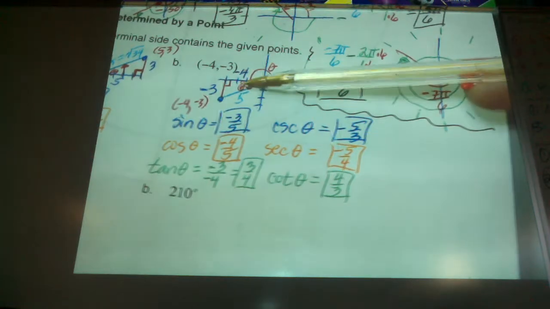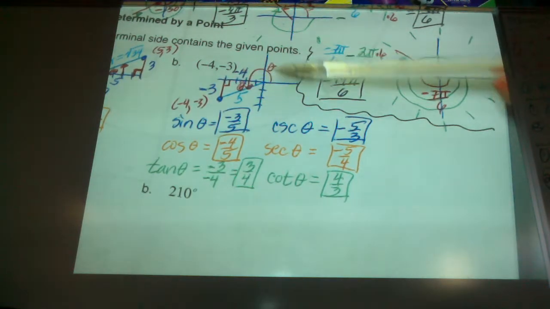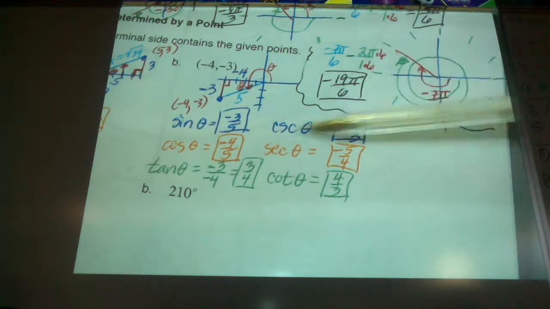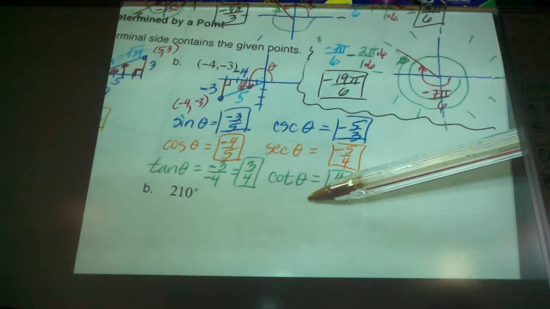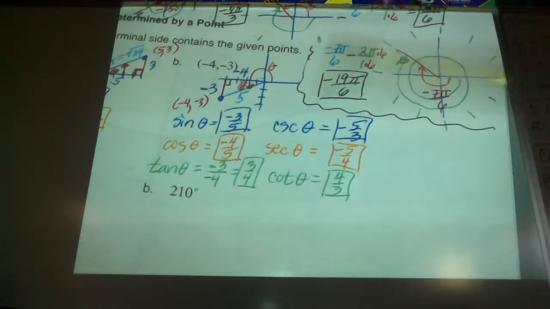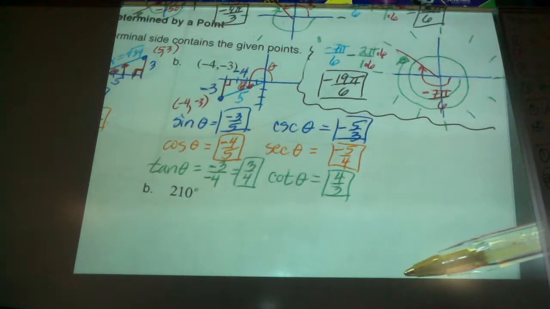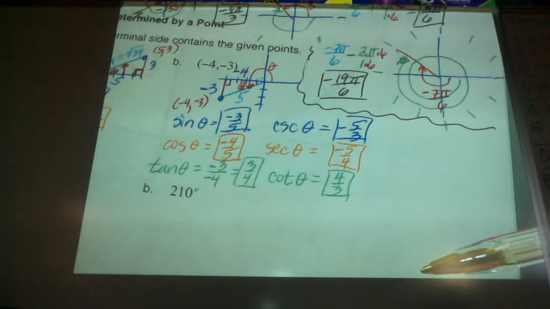And so if we just use a reference angle rather than whatever that big angle is, which I don't know what it is right now, then I'll get the same measures here. So one of the theorems that we're going to use is that all coterminal angles have the same trig function values. Okay, any other questions, concerns, comments?